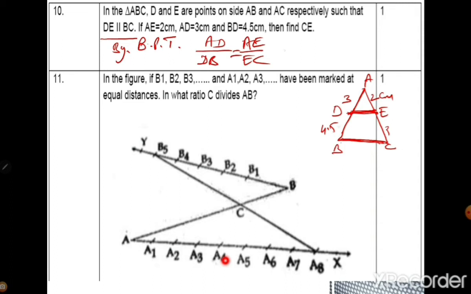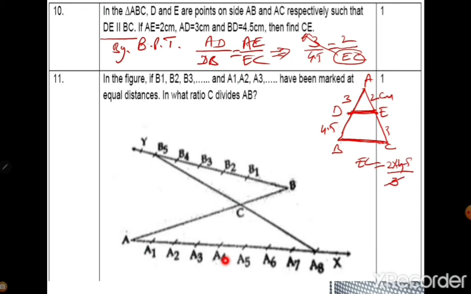So now nothing is there. We'll substitute values. So AD is 3 centimeter, DB is 4.5, equals AE, which is 2, and EC you have to find out. Okay, so by cross multiplying, EC will be equal to 2 into 4.5 upon 3.